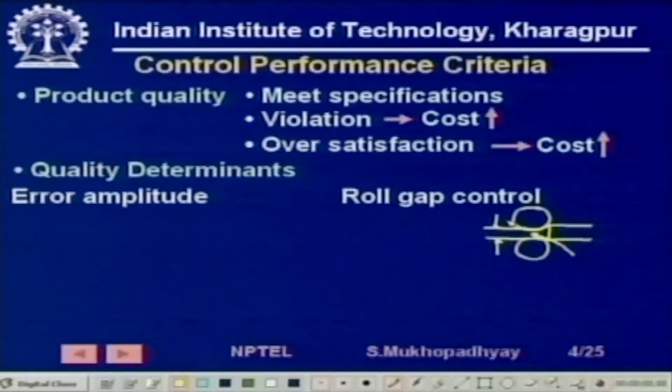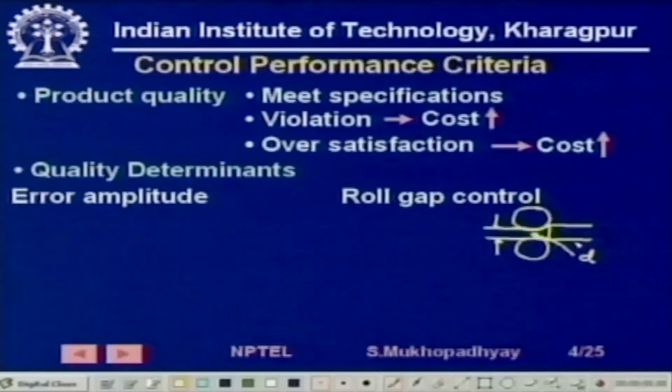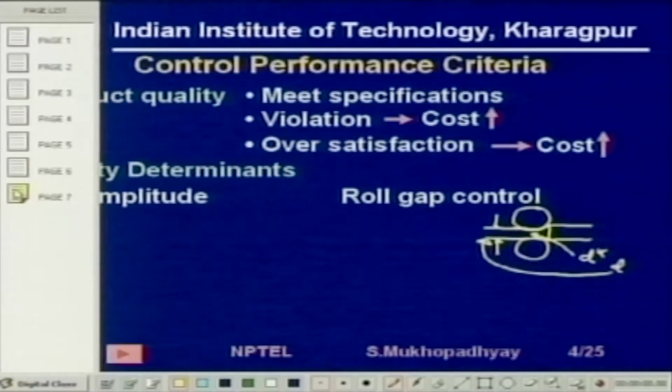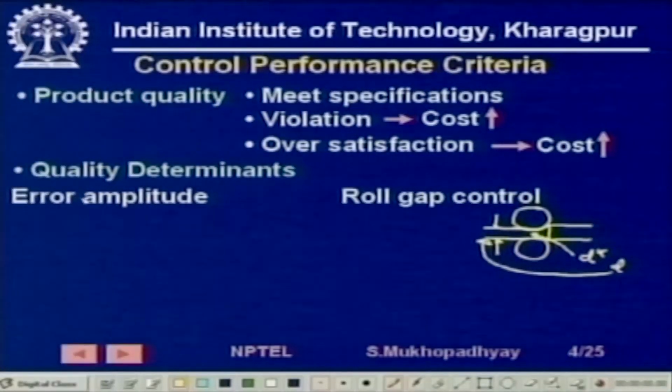So, whether your product is going to violate your specifications actually depends on the maximum amplitude of the error. If the roll gap is supposed to be D star, and if the actual roll gap is D, then that will lead to an error in the final product thickness. So, in this case the amplitude of the error actually decides product quality. Let us look at another example.